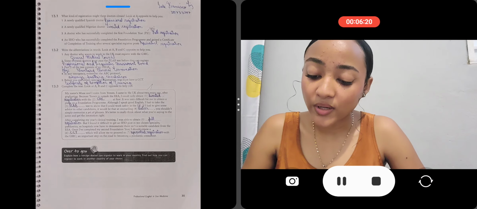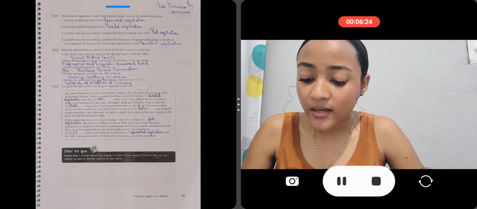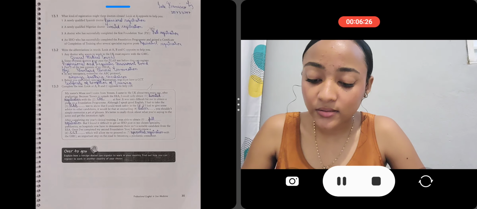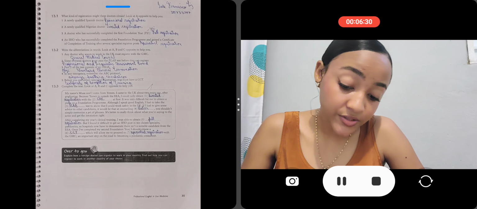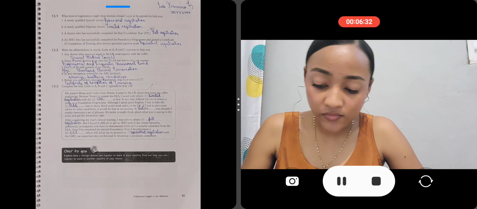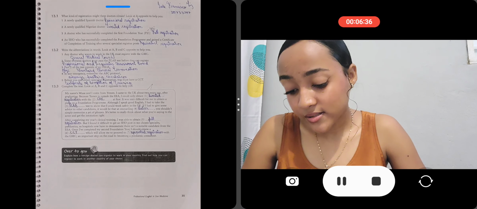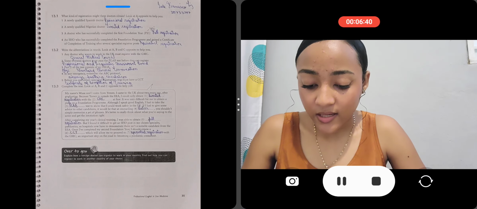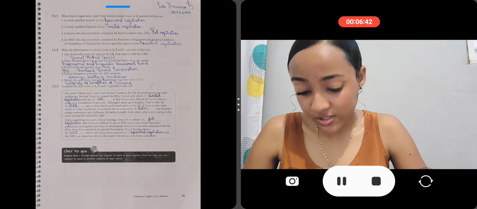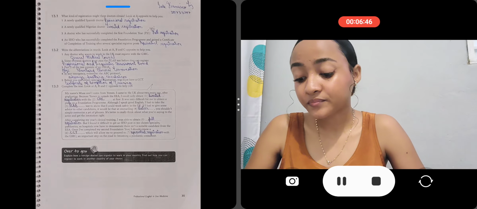13.2 Write the abbreviations in words. 1. Any doctors who want to work in the UK must register with the GMC, General Medical Council. 2. Some overseas doctors must pass the PLAB test before they can register. Professional and Linguistic Assessment Board. 3.